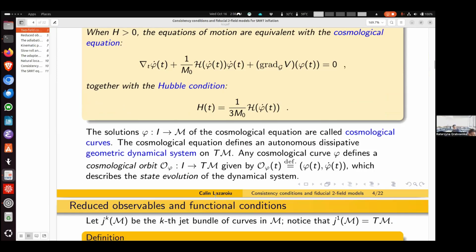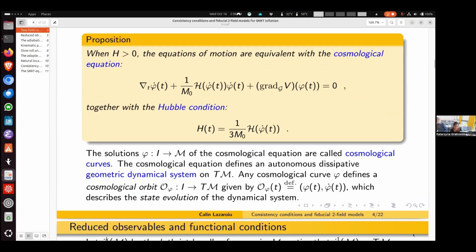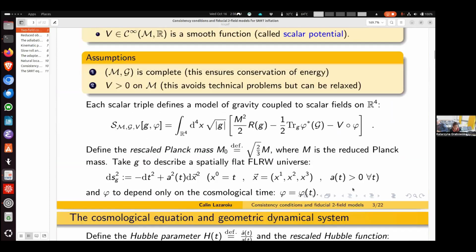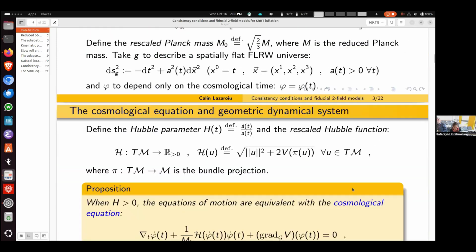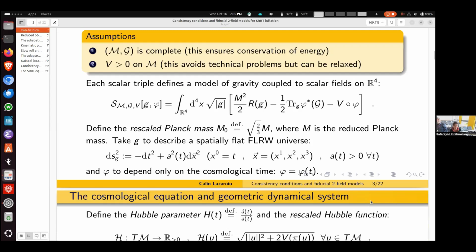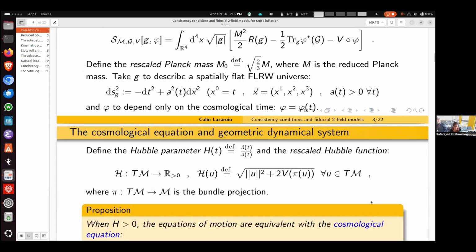Sorry, I also wanted to ask a question, a very general one. Since we are trying to keep with physics, what's the interpretation of this M, of this surface? Because the equations of motion are for two things. First is this function A. You mean the second is the function A? You mean the Hubble condition. The Planck mass? M naught is just the rescaling of the Planck mass. But there is the proposition, yes? Yes.